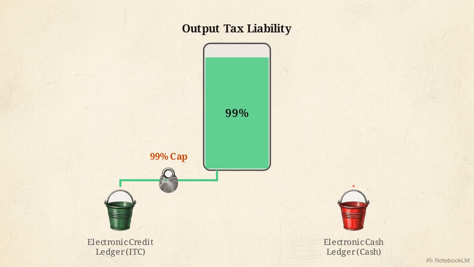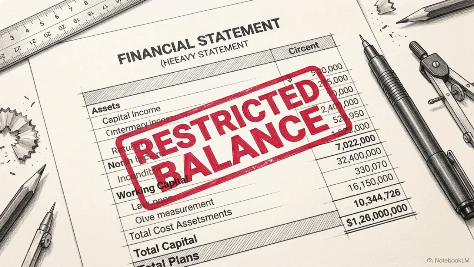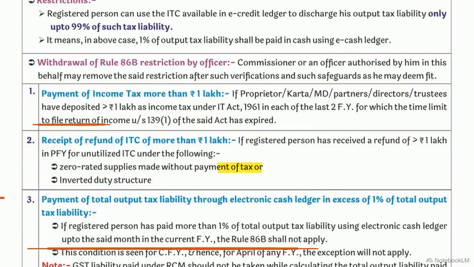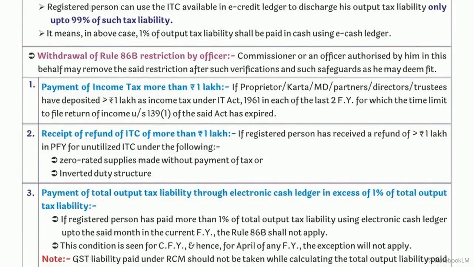The registered person can now only use their electronic credit ledger to discharge a maximum of 99%. The fourth exception dictates entity types that are categorically exempt from this rule, including government departments, public sector undertakings, local authorities, and statutory bodies.